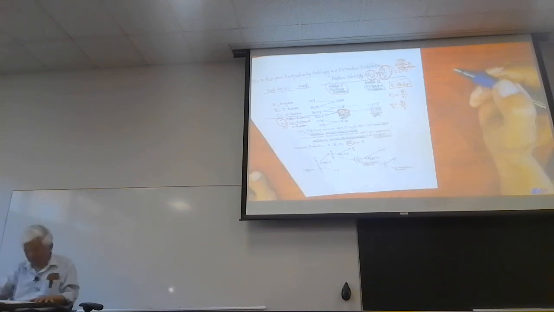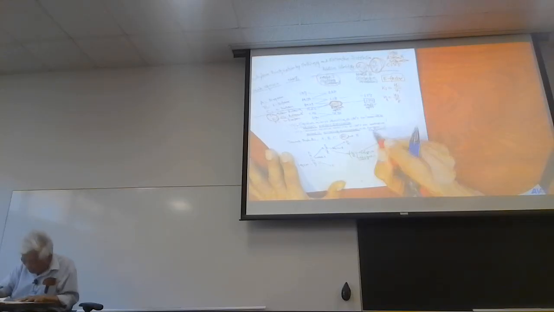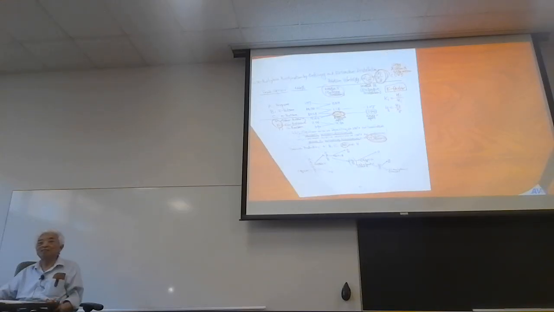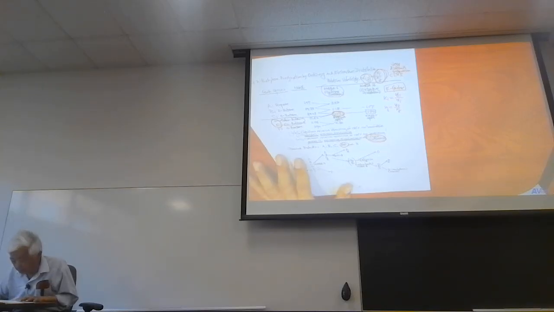So, what do you do? You add a solvent. In this case, the solvent is furfural. What's the effect of the solvent? You find out relative volatility between any two components.